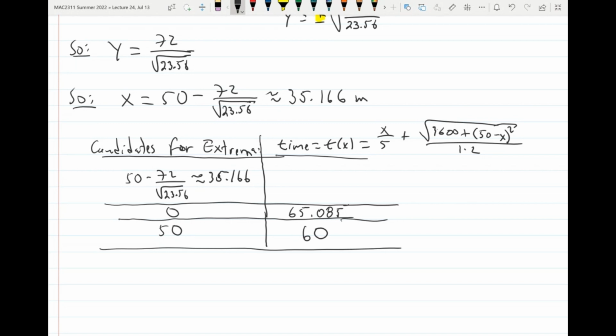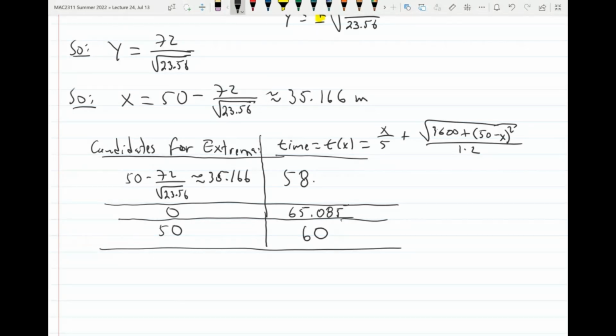I need to square that. I need to add 3600. Square root it. Divided by 1.2. Okay, I get 51.5 something, and then I need to add x over 5. So plus the number, divided by 5.